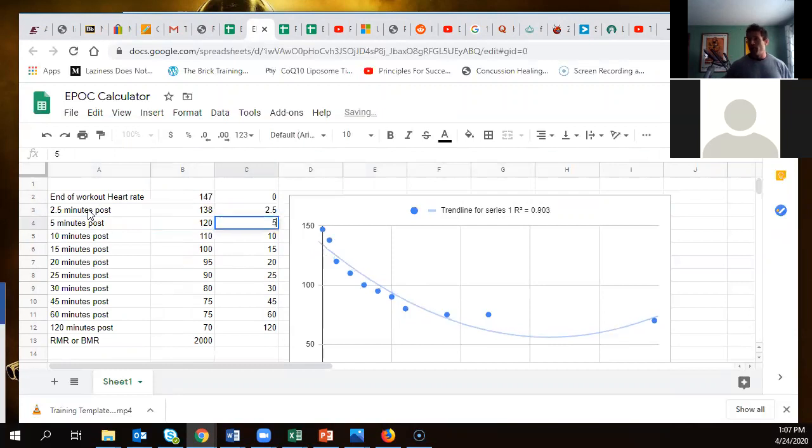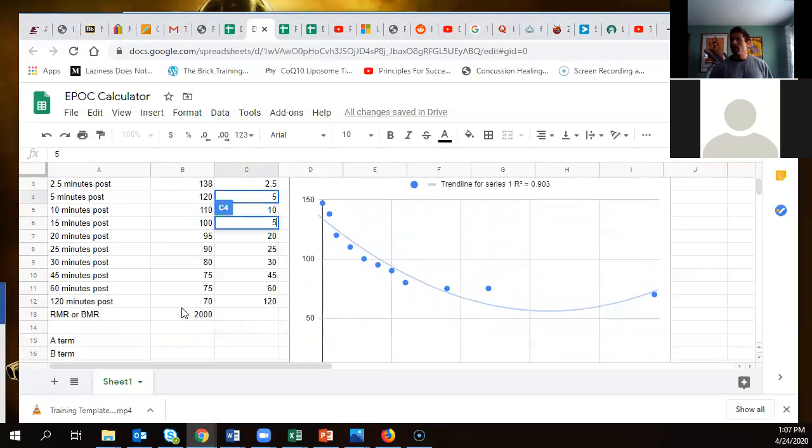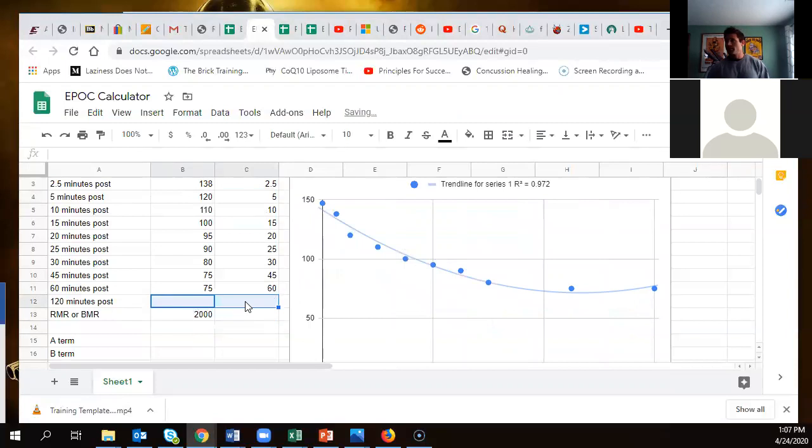So if we go 2.5, it'll help make this graph fit. We notice it's not perfect, but it gives us an idea. And in reality, if I drop down my final number, that's going to strengthen it up.